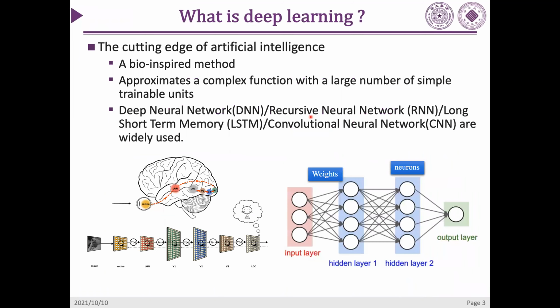So I think everybody is very familiar with deep learning, and the artificial intelligence, artificial neural network is a mathematical model that imitates the structure and function of biological neural network. Many of its variants, such as DNN and RNN, are widely used in many fields.